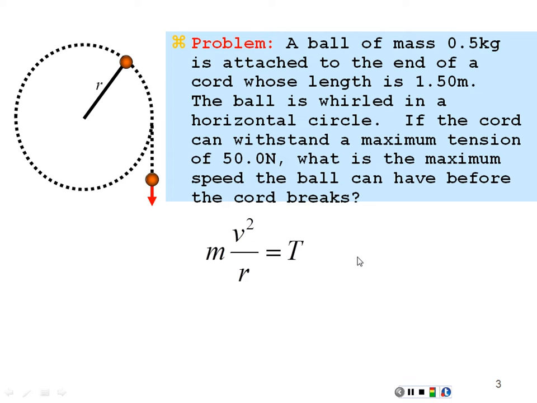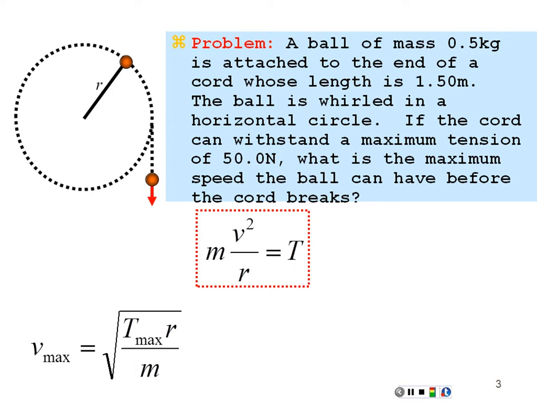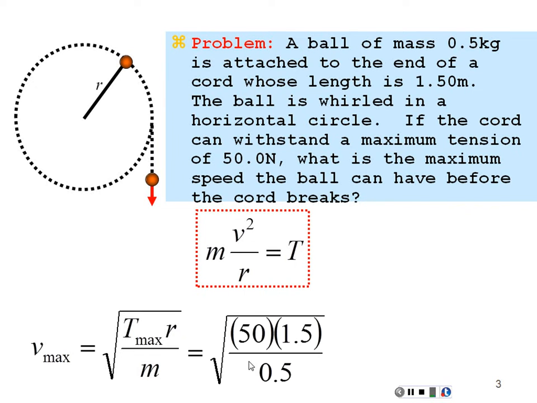We want to solve this for our maximum speed at the maximum tension. Multiply both sides by r, divide by mass, take the square root. Our maximum velocity will be equal to the square root of the maximum tension times r, divided by the mass: 50 newtons times 1.5 meters, divided by 0.5 kilograms, square root.